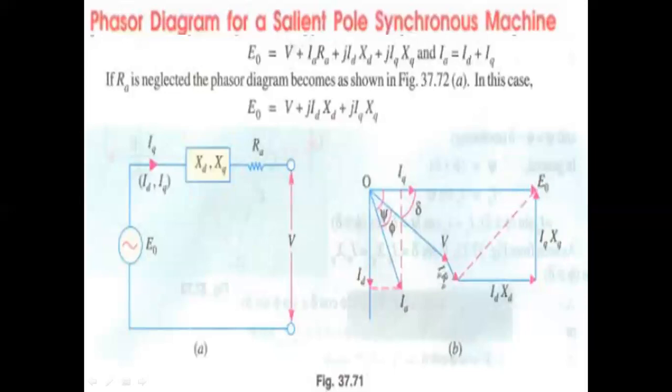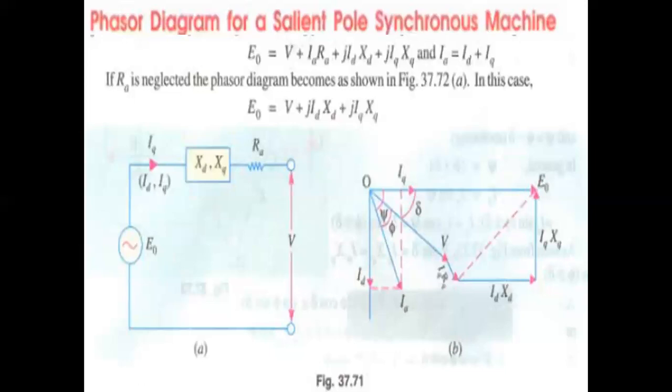Now we will go into the phasor diagrams of a salient pole synchronous machine. Here I am showing you the equivalent circuit in figure A. This is the equivalent circuit of the salient pole synchronous generator, and the components ID and IQ provide component voltages J ID XD and J IQ XQ. I am taking a lagging power factor.